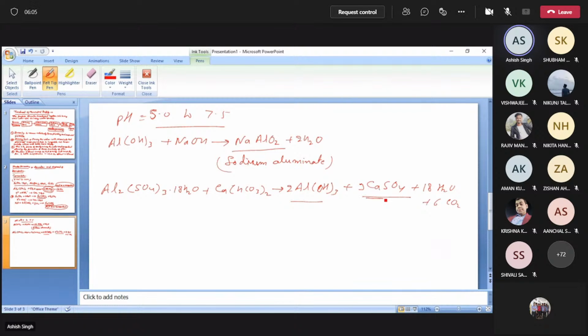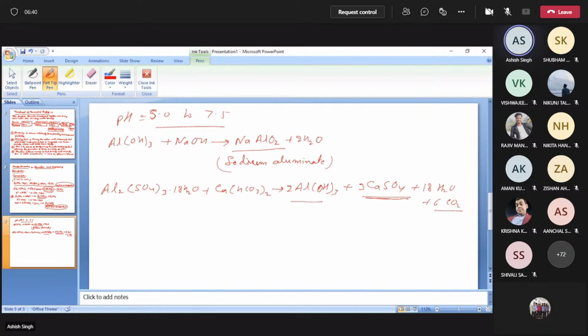But there is another problem, that is the formation of calcium sulfate. Calcium sulfate causes permanent hardness, so the raw water hardness would be increased. And the CO2 leads to corrosion. So these are the two demerits. If the water has low alkalinity, lime is added to the water.